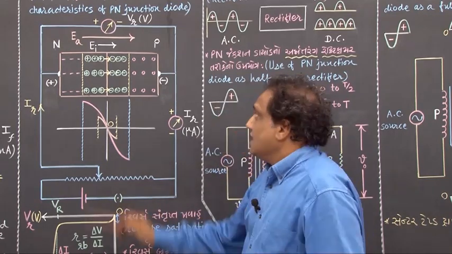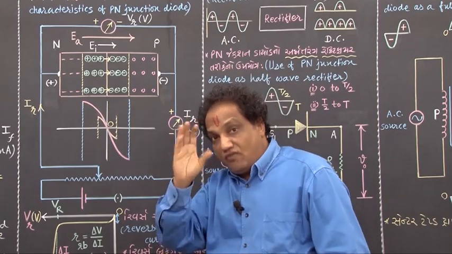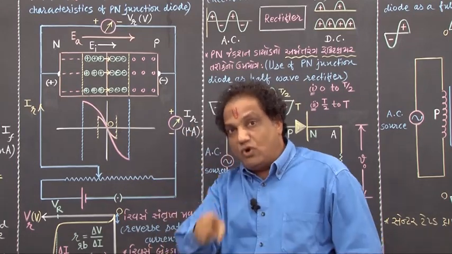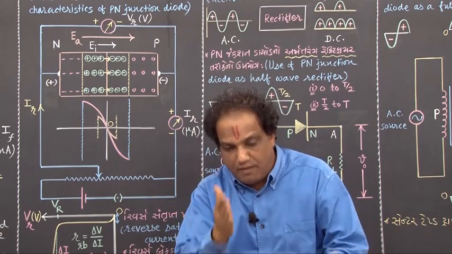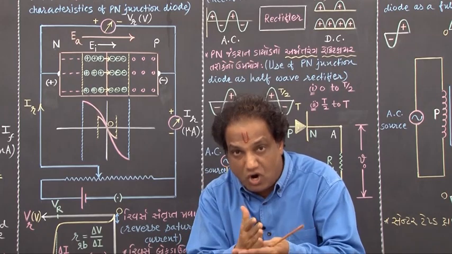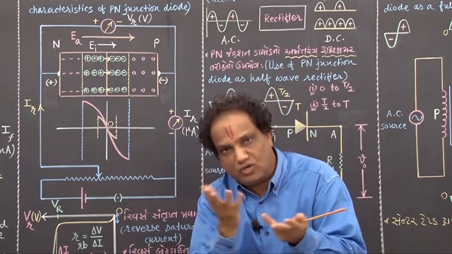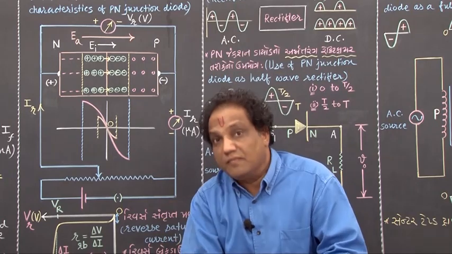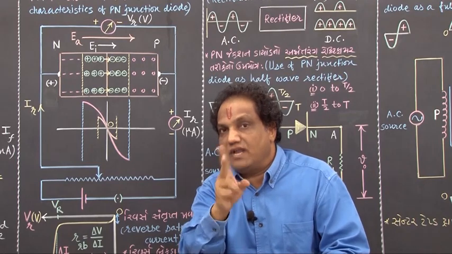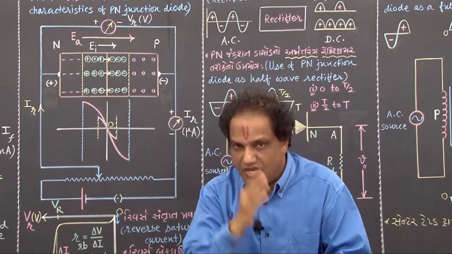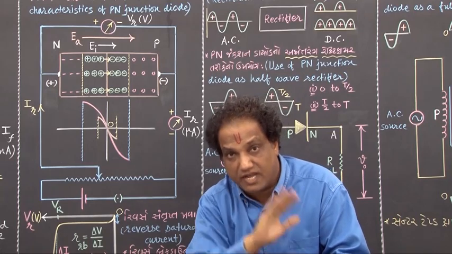I am showing you. In this very wide depletion layer, there are plenty of covalent bonds, and at room temperature some covalent bonds get broken. Because the temperature of the room is constant, on average a constant number of covalent bonds are broken, and then it will release a constant number of electron and hole pairs. If one bond is broken, it will release one pair of free electron and hole.